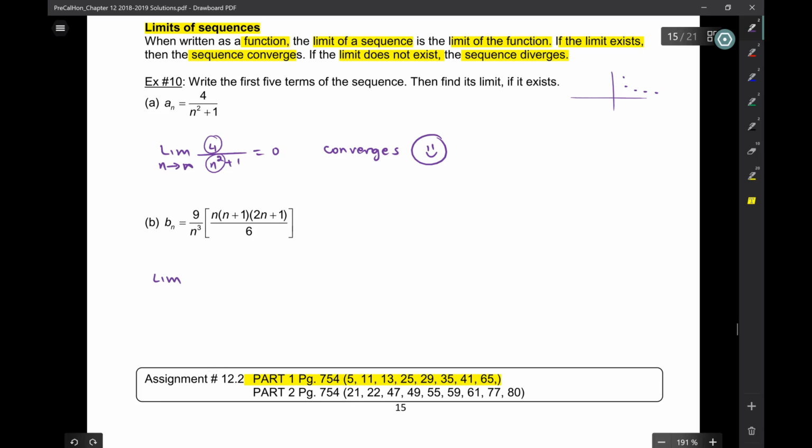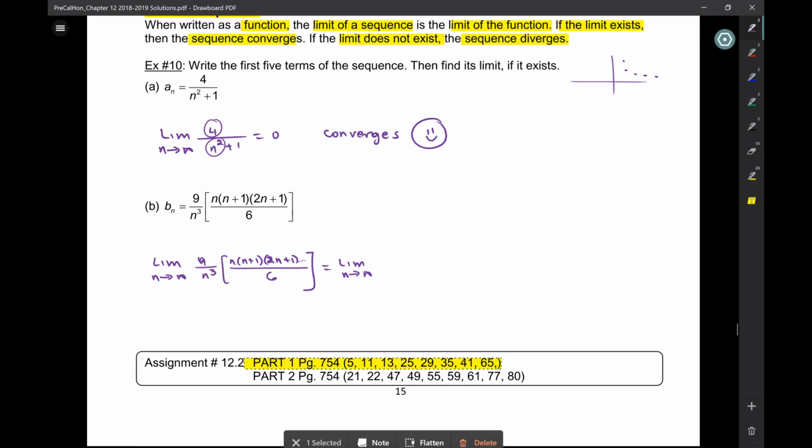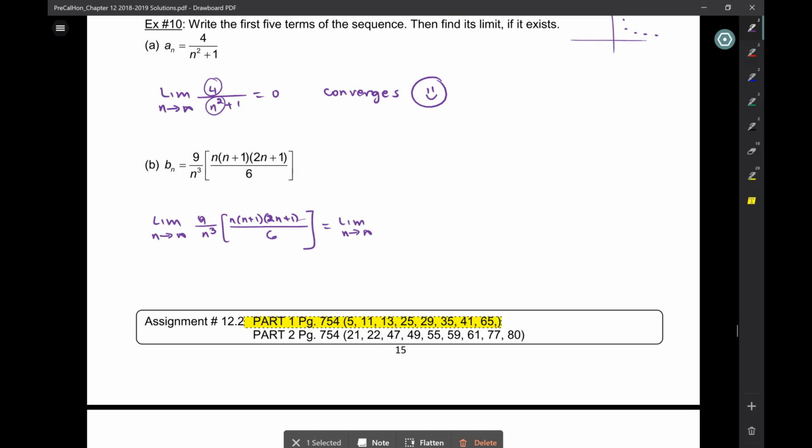Okay, so here, the limit as n approaches infinity of this expression equals the limit as n approaches infinity. Now I'm going to take the stuff from the top and the stuff from the bottom. Remember, we do it when it's all multiplied out, but I'm not going to multiply it all out, so I'm just going to take the first terms from each binomial, right?